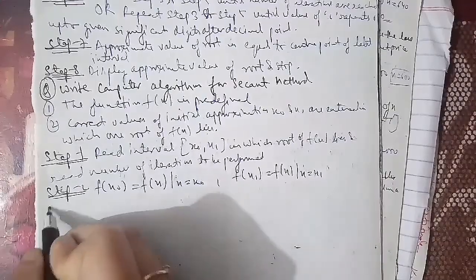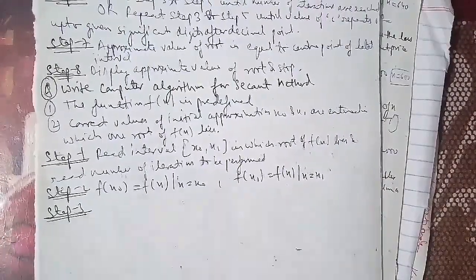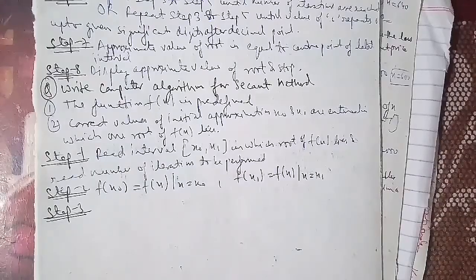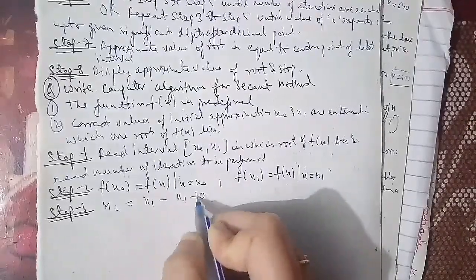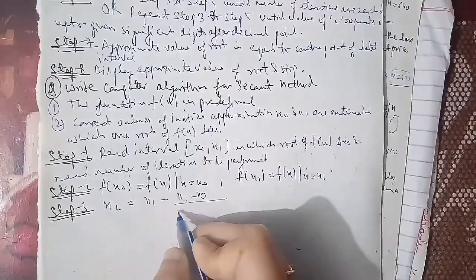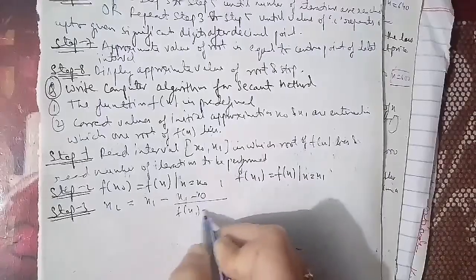Now for step 4, x0 tends to x1, and x1 tends to x2 for the next cycle.